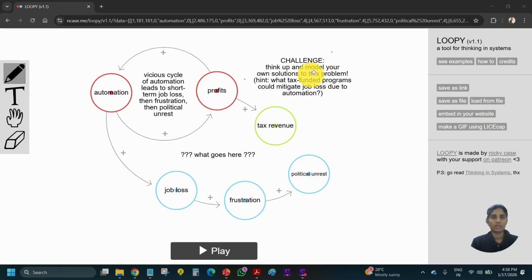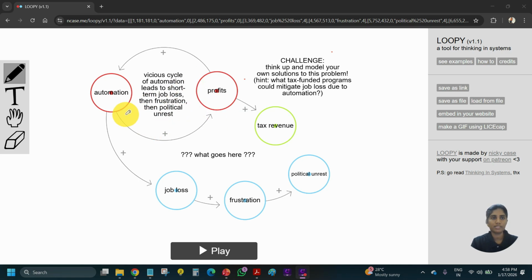Here you can see there are red circles and blue circles, and some are indicated with a plus sign. Here a minus sign is not there, but I have seen other examples where a minus sign was given.